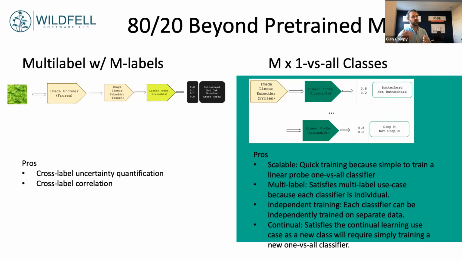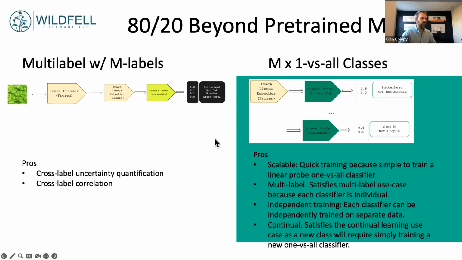Another nice thing is that as you bring in new datasets and new examples, you don't need to retrain all your other class models. Instead of a new class coming in and you retraining the entire model, you just grab the data that's relevant to that new class, train it, and the rest of your model stays exactly the same.